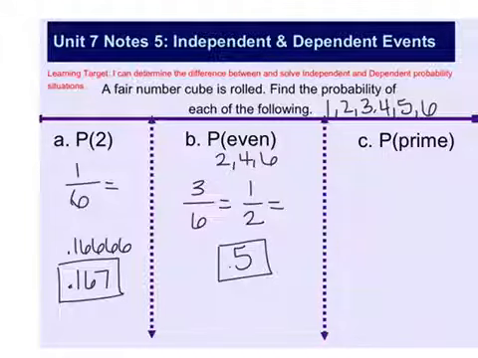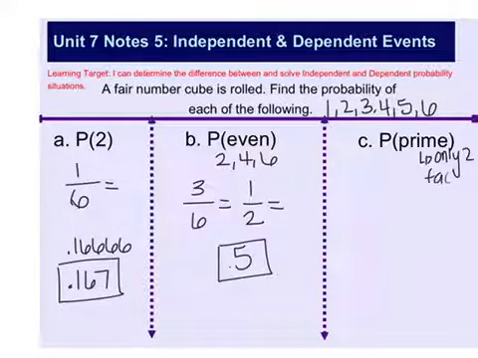Last problem, I'm looking for the probability of getting a prime number. Remember, prime numbers are numbers that have only 2 factors. So if I look at my list here, 1 is not a prime number because 1 only has 1 factor, 1.